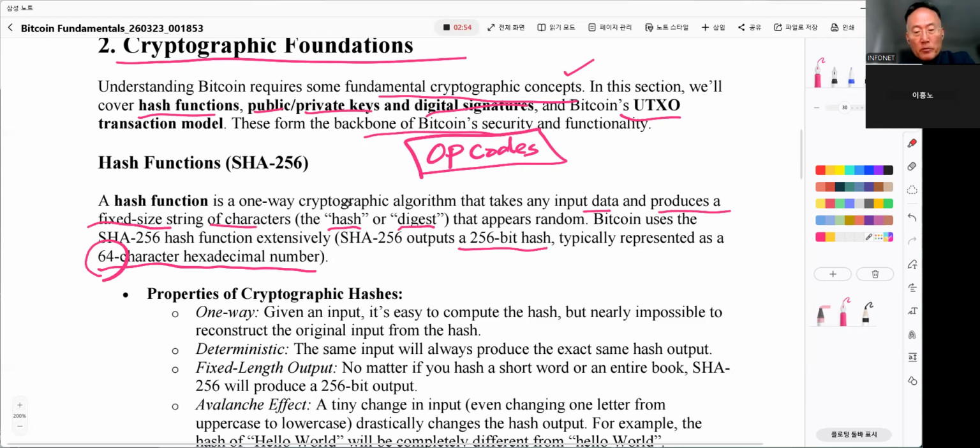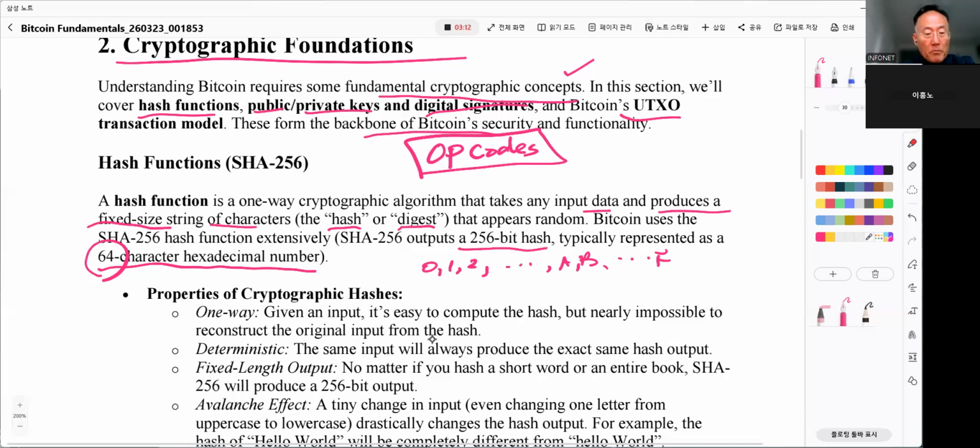Okay, hexadecimal, you know what it is, right? 0, 1, 2, all the way up to A, B, C, D, E, F, right?